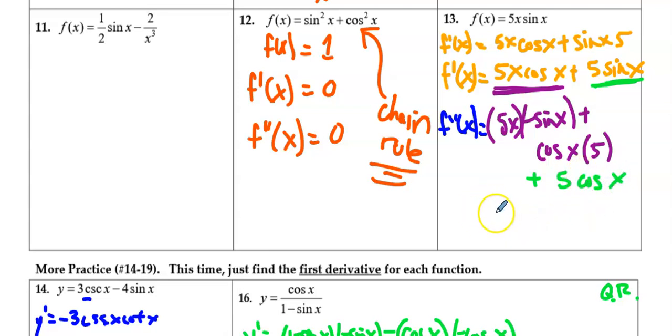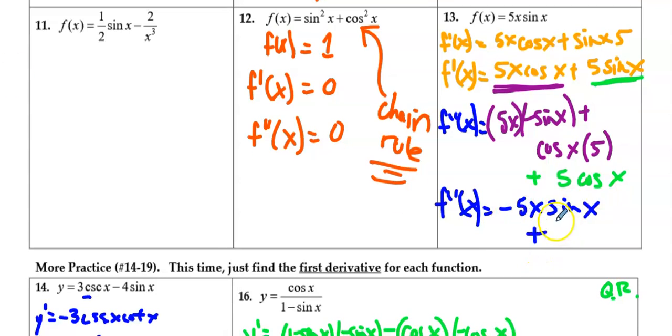Okay, cosine of x. So we can simplify a little bit here, although it's getting pretty crazy. So we have negative 5x sine x, and we have a 5 cosine x plus 5 cosine of x. So that's going to give us 10 cosine of x.